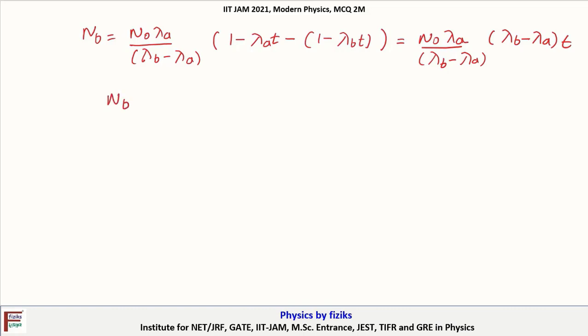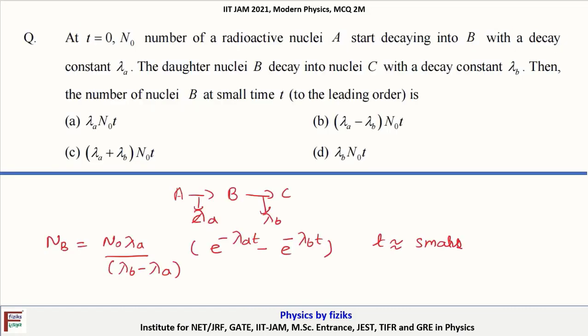So NB is equal to N naught lambda A t. That means our option A is correct.